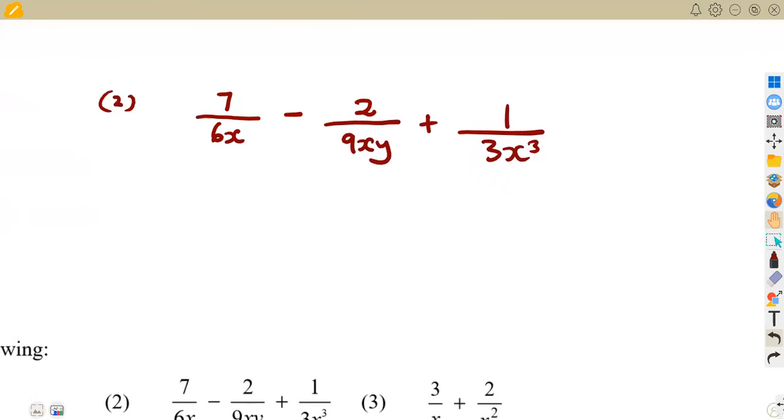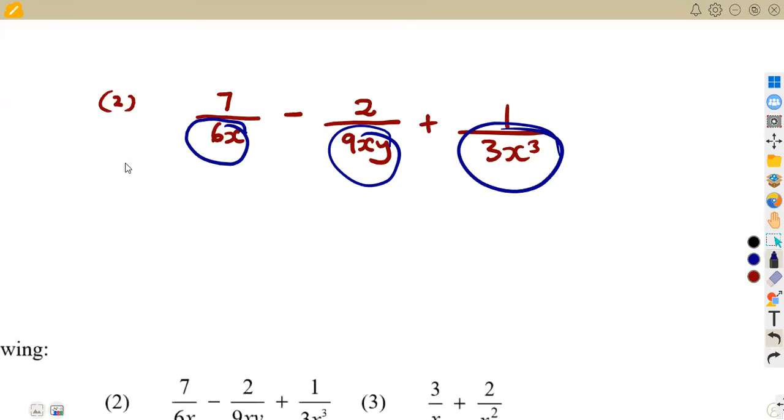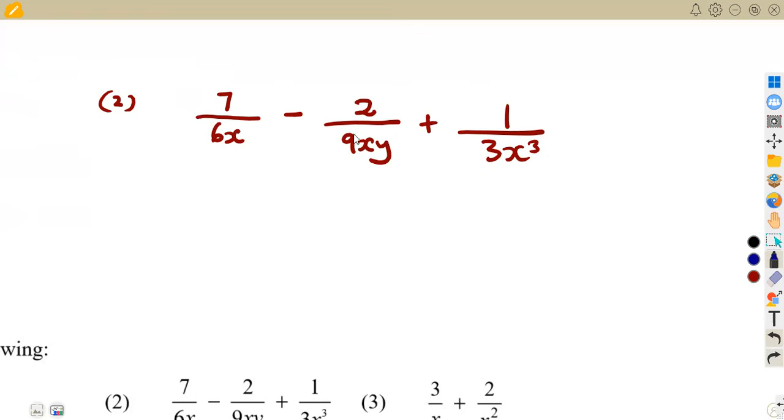Okay, but remember I said we've got 2 methods, and I'm just going to work with the second method. We want to make these denominators the same. So to make the denominators the same, we must consider having the LCD of the denominators, so that we can see what is missing on each denominator to be the same as the other denominator.